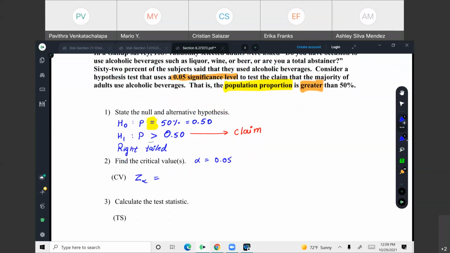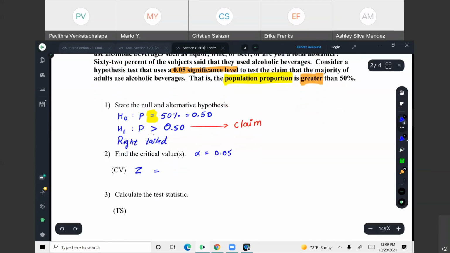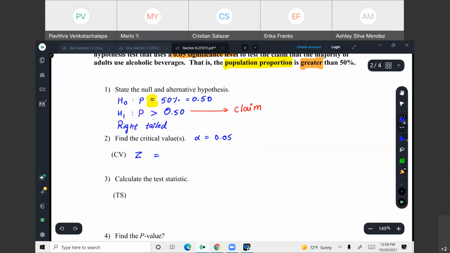Now, here, when it comes to the critical value, more often we find the z-score. Now, we had two things. We were used to finding z alpha by 2 or z alpha. Now, which one should I be using here? Z alpha, why?